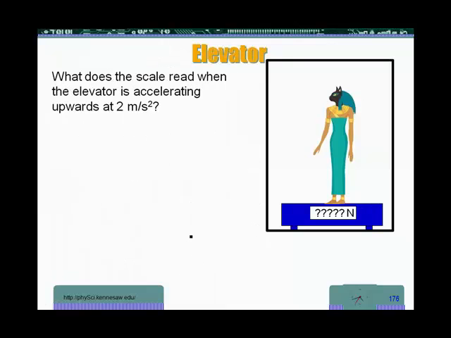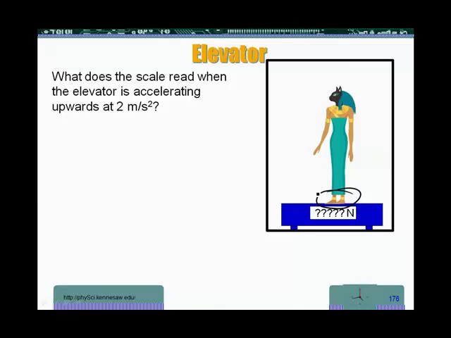Now the next question is, what does the scale read when the elevator is accelerating upward at 2 meters per second squared? Of course, that's what we discussed earlier. What does the scale read? It reads the value of the normal force that the woman exerts on the scale. And what's that normal force equal to?